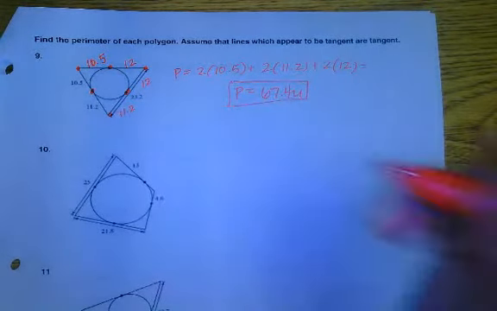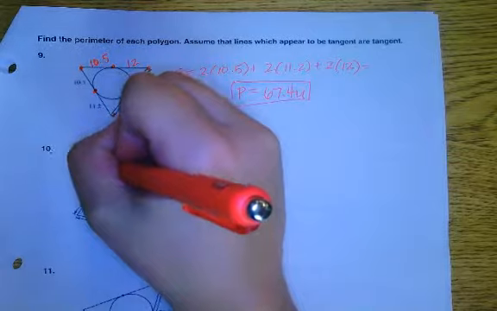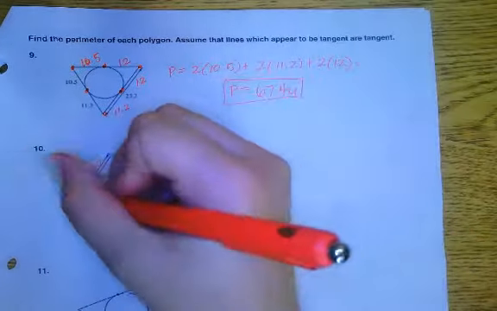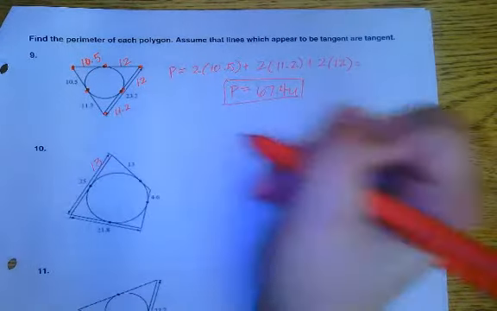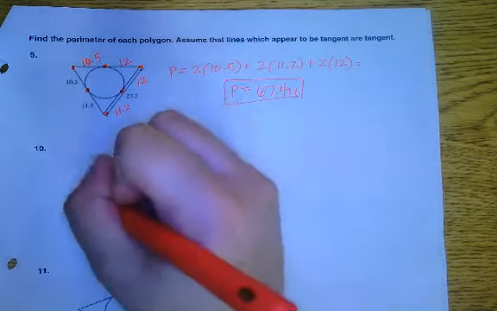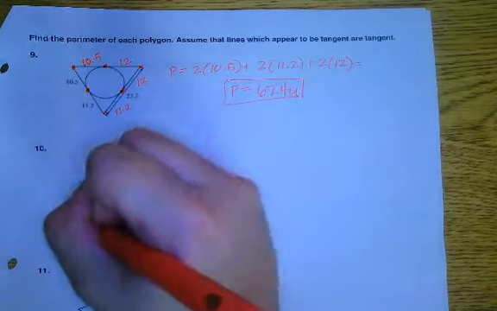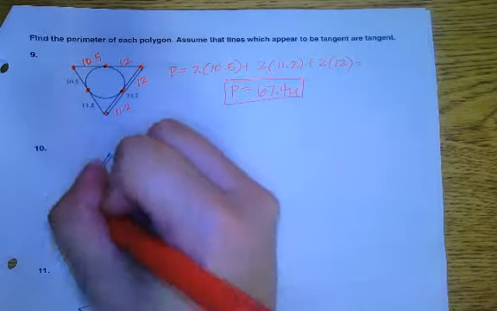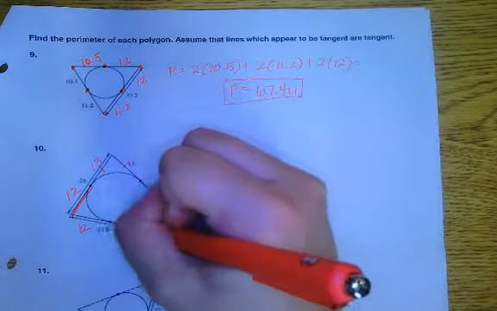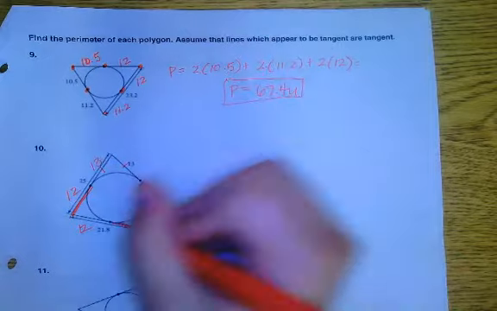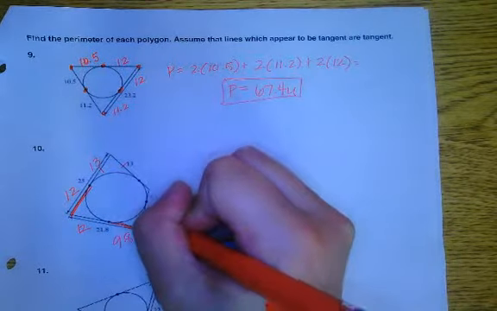Okay, so for number 10, I have 13 and 13, resulting in the left-hand side being what? What would be this length? 12. And 12, making this bottom right side what? 9.8 and 9.8.